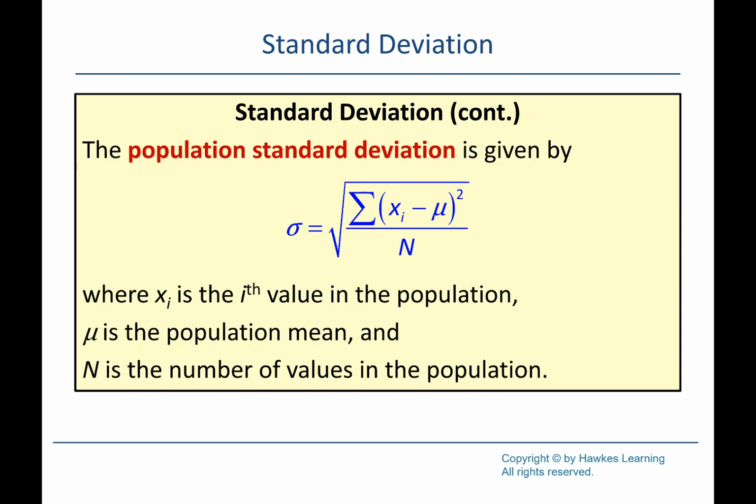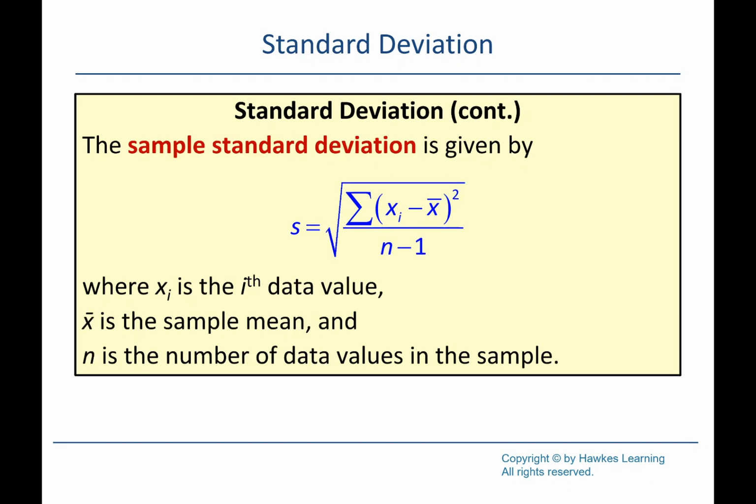That's the population version of the formula. So population standard deviation is represented by lowercase sigma. Remember, we usually use Greek letters to represent population values. If we are instead dealing with data from a sample, and we want the standard deviation of that sample data, then we have just a little bit of change.